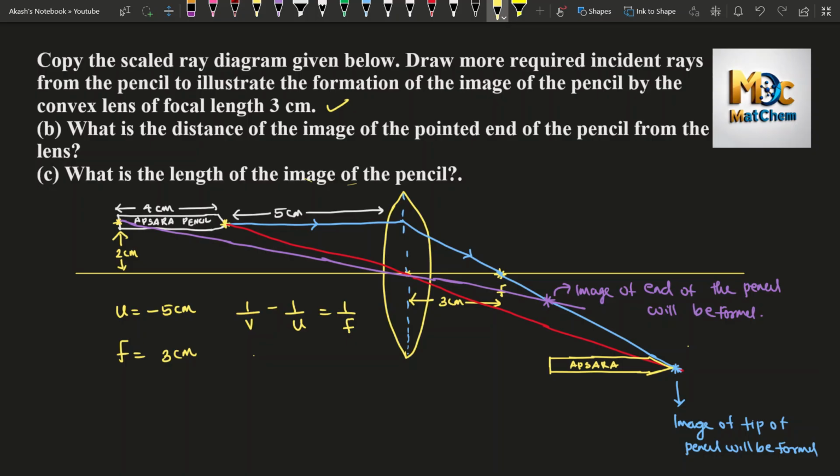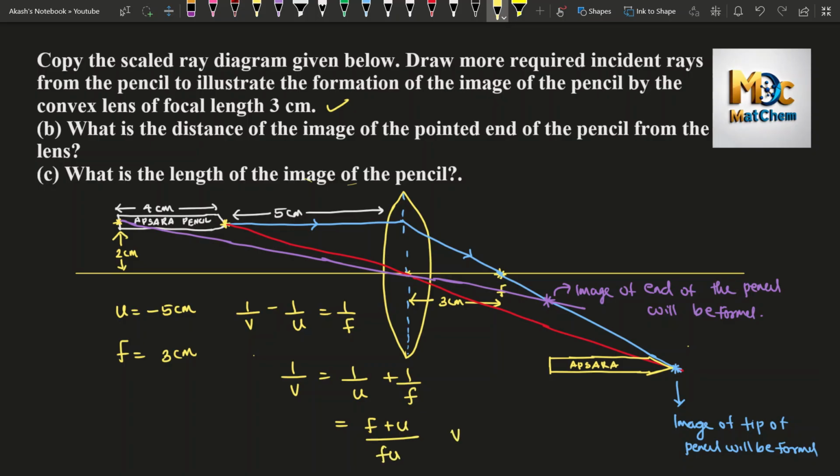What we need is the distance of the image of the tip of the pencil from the lens. That means, what is v? v is the distance between the lens and the image. Since we are considering the tip of the pencil as the object, the image of the pointed end will be the image. So we need to calculate v. 1/v is equal to 1/u plus 1/f, which is nothing but equal to (f plus u) divided by fu.